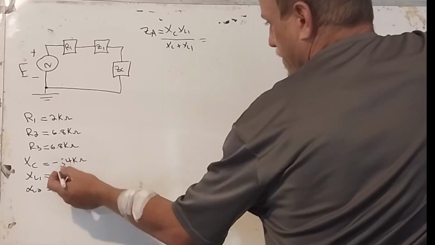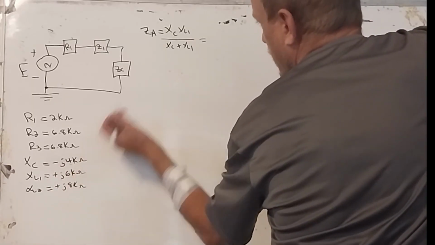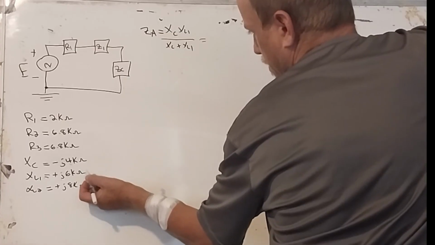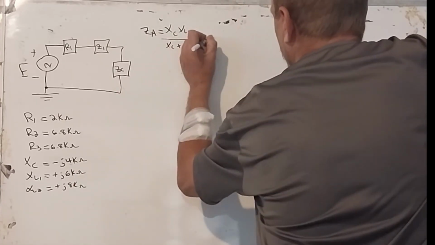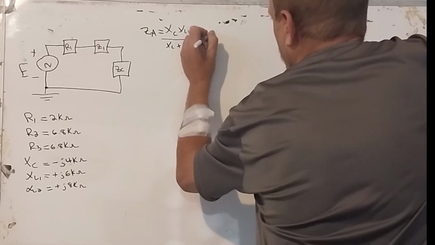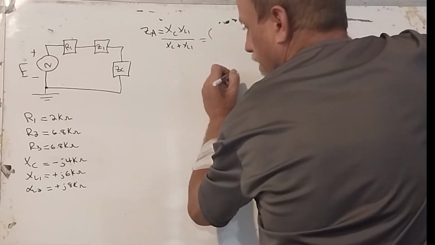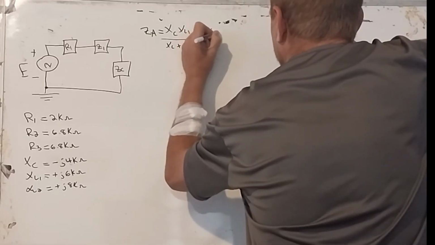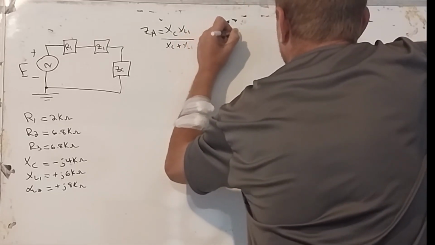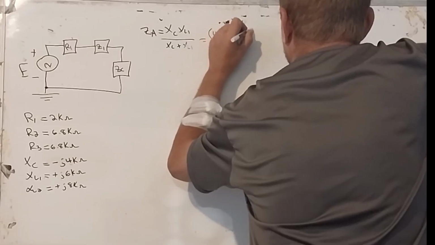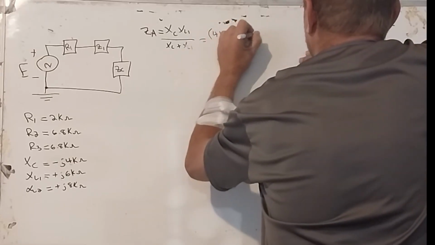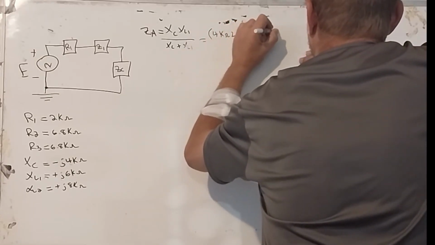X of C times X of L1, so 4 times 6 is 24. I'll write it in polar form so we can see the whole expression. X of C is 4K ohms at an angle of negative 90 degrees, and we're going to multiply that by 6K ohms at an angle of 90 degrees.